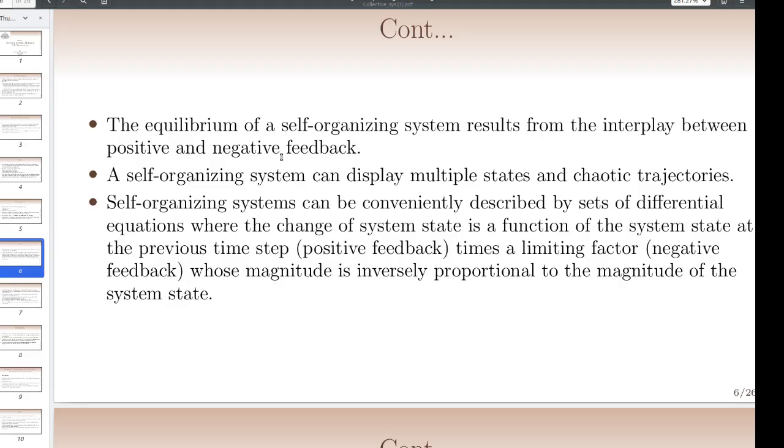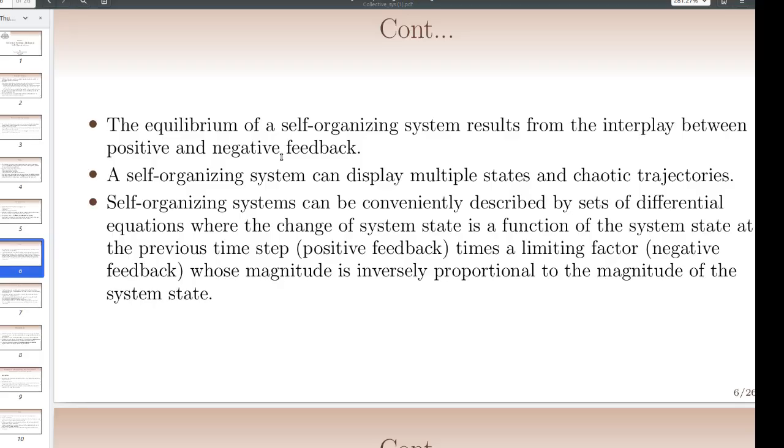Anyway, self-organizing systems, like any other system, tend to have an equilibrium state. It is an interplay between positive and negative feedback. On the way to the equilibrium state, self-organizing systems display multiple states and chaotic trajectories.